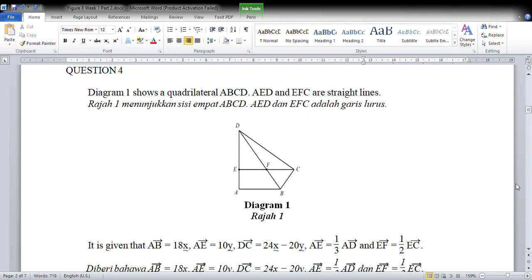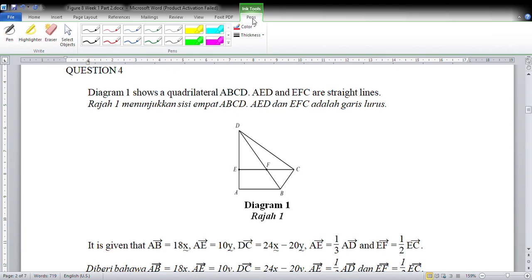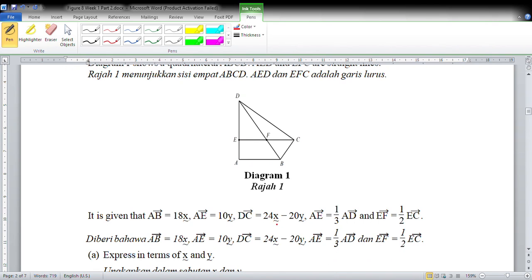Okay, so you can see diagram 1 shows a quadrilateral ABCD. AED and EFC are straight lines. Right, so here you have the diagram and then the information given, right?